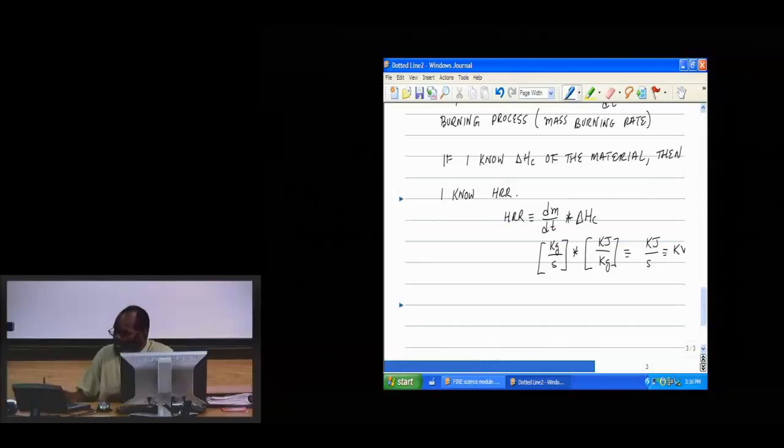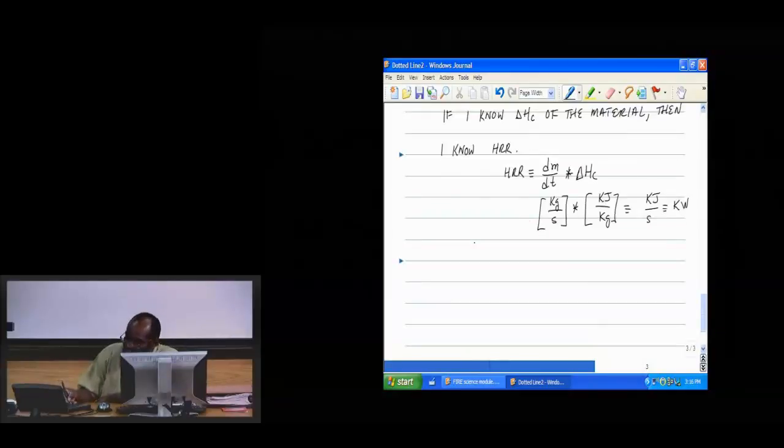But there was a realization that the delta Hc on an oxygen basis is pretty much constant. Even though it varies like crazy as you vary the fuel, that is on a fuel basis, it's not on an oxygen basis.